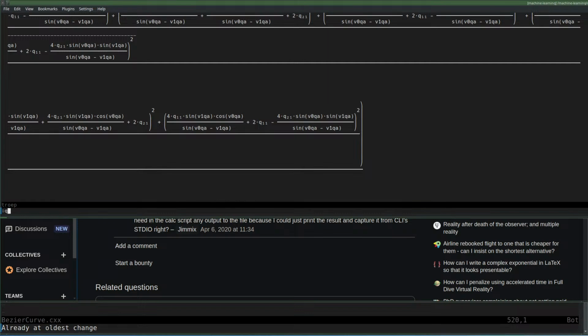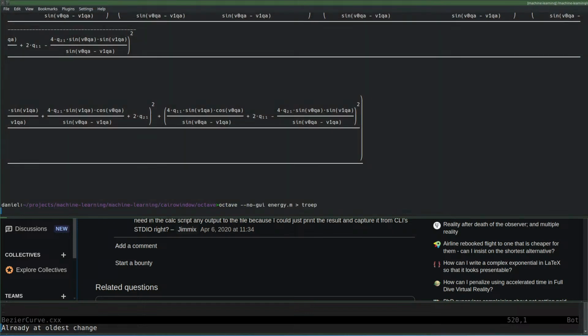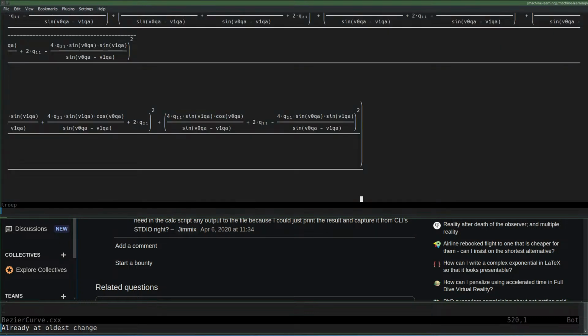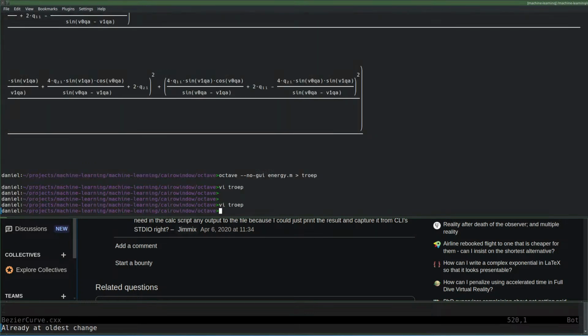Crazy. Okay, so in that case it probably reads it from my environment, right?